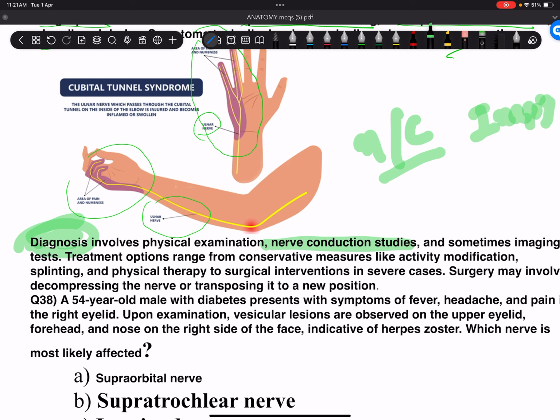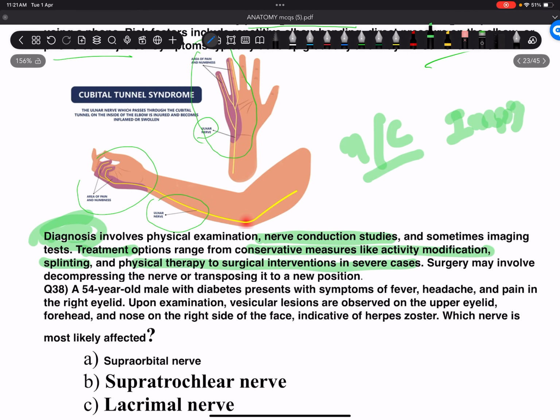Treatment would be conservative, like activity modification, splinting, and physical therapy, to surgical intervention in severe cases. Surgery may involve decompressing the nerve or transposing it to a new position.